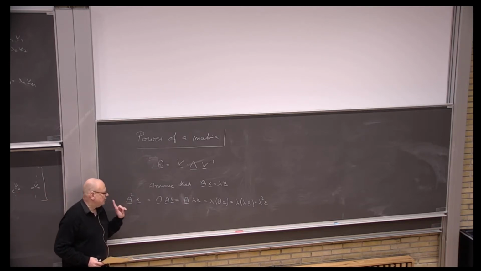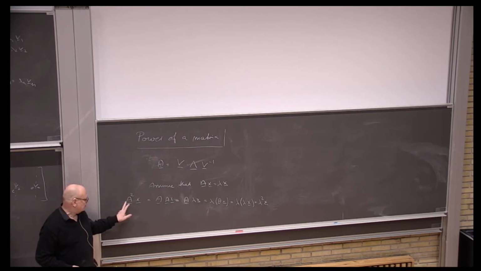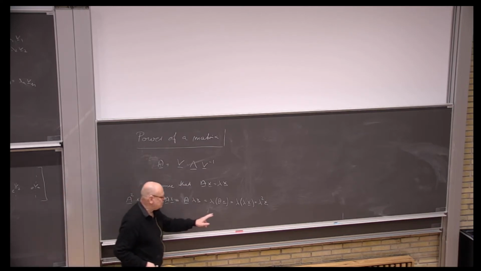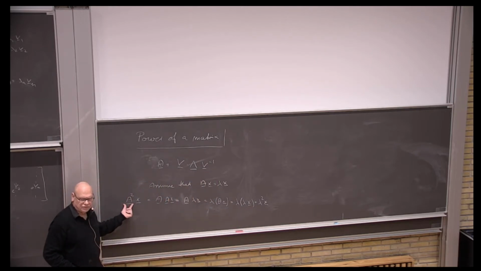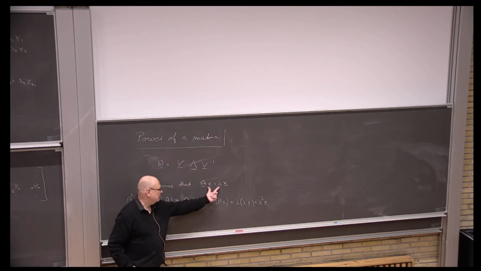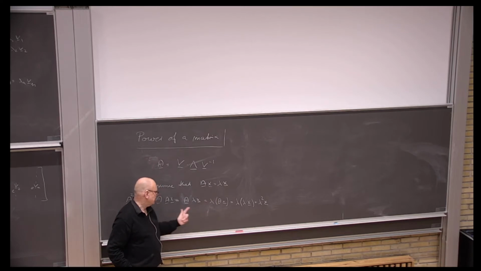And what does this tell me? It tells me that lambda squared is an eigenvalue of A squared, but it has the same eigenvector as the original problem. X stays the same.